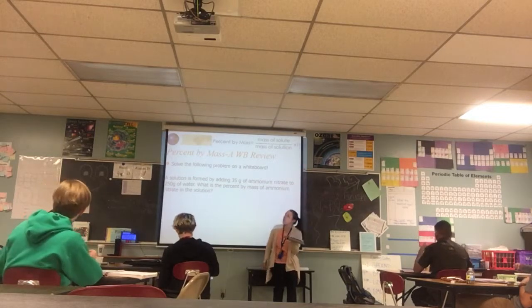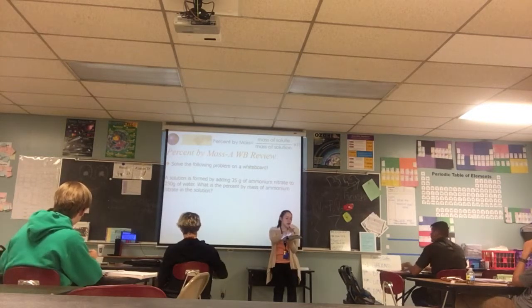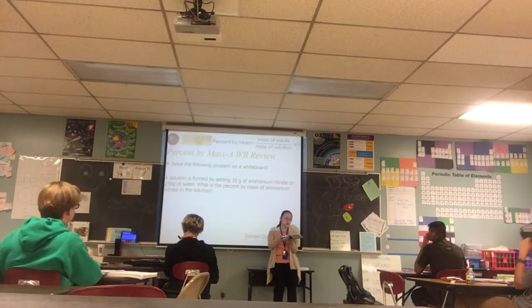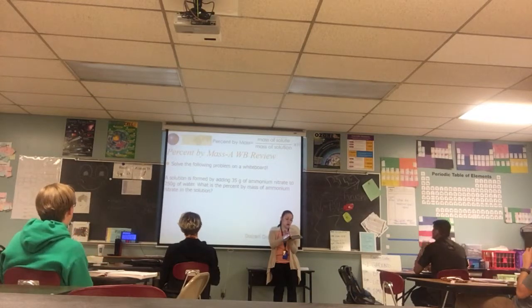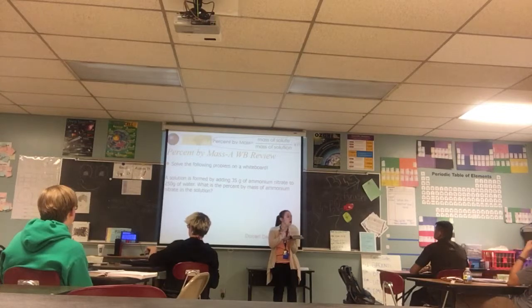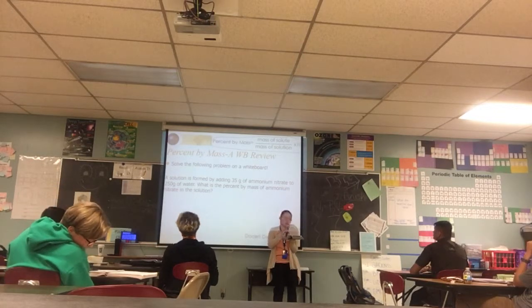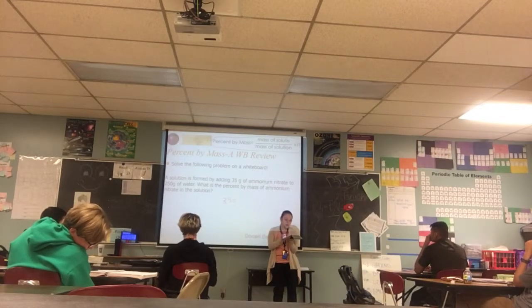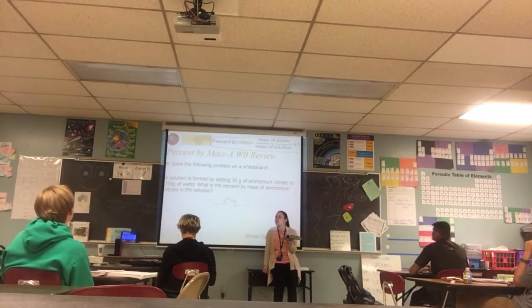Let's solve the problem together. In order to solve for my percent by mass, I know that I need to use this equation up here at the very top. What is the mass of my solute in this case, Curtis? So I know that I have 35 grams of ammonium nitrate. I need to take that and divide it by the mass of my solution.